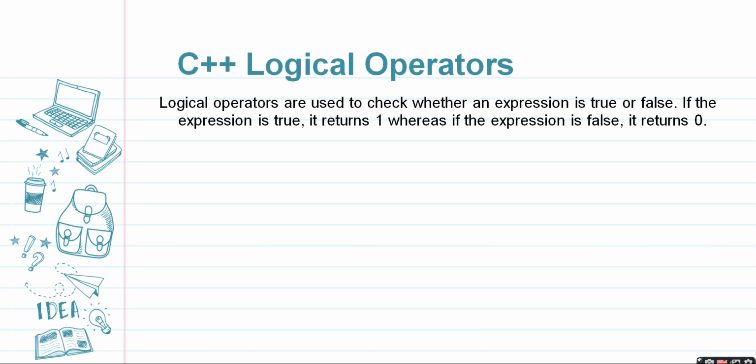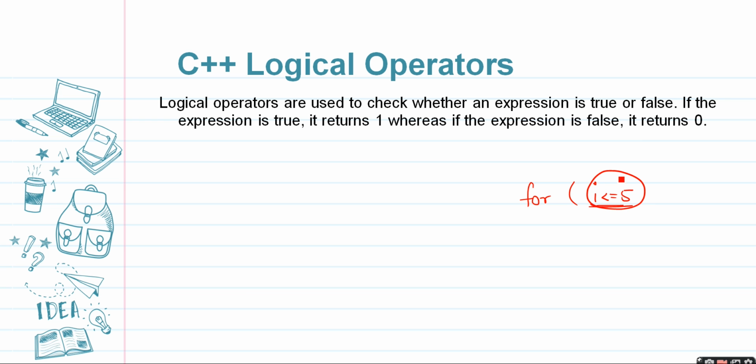Now the logical operators. Logical operators are used to check whether an expression is true or false. If the expression is true, it returns 1, whereas if the expression is false, it returns 0. Just as in the for loop we learned about, if I write i is less than or equals to 5, this is our expression, right?